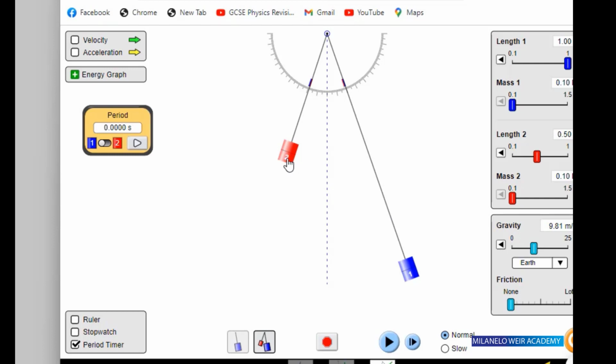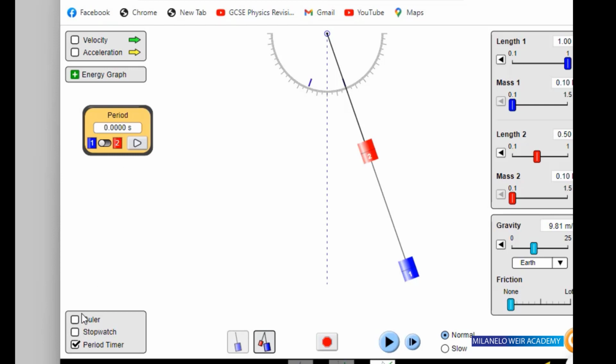Then they're going to start at the same time from the same point. So we could time the period, we could count the number of oscillations and have the stopwatch here and then calculate, but we don't want to do that really.